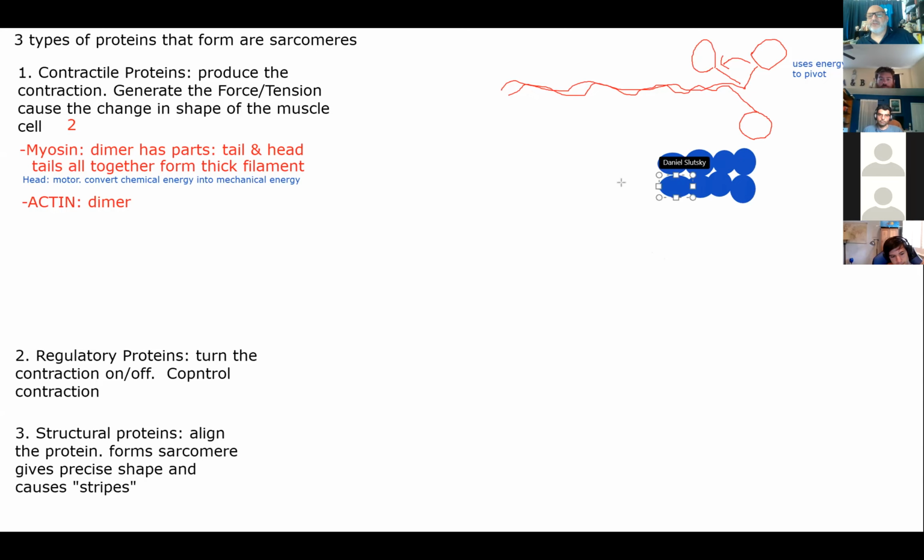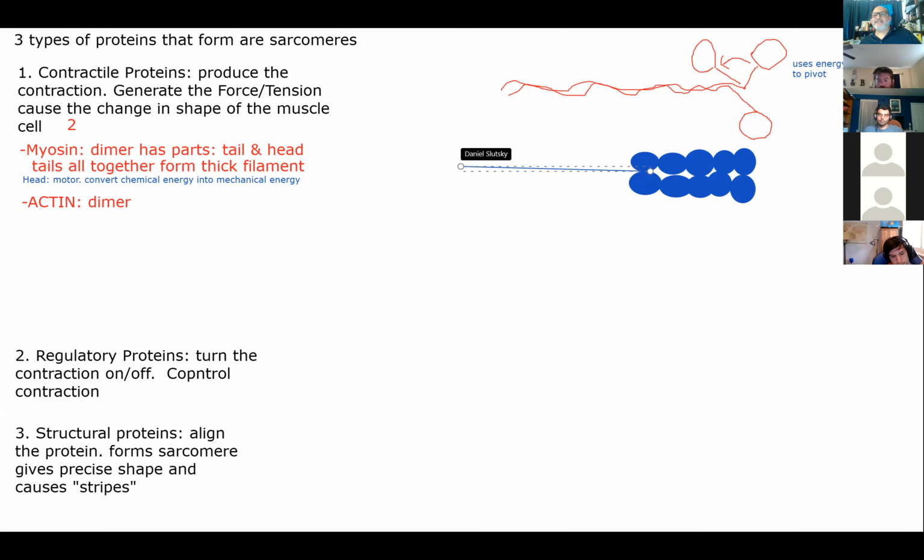Basically, I can put a bunch of dimers together and make a big, long thread-like filament. So again, this is how it would look, but for simplicity's sake, I'm just going to draw it as a line. So again, we have this big, long line of actin that I can form.